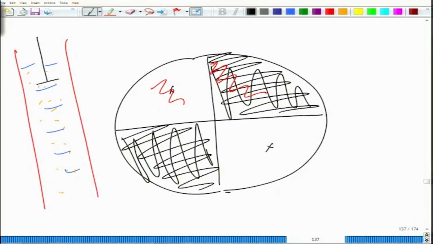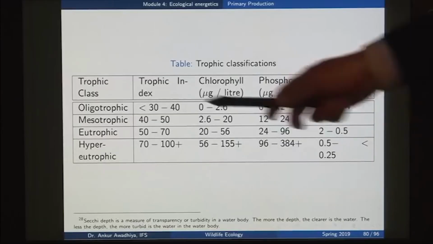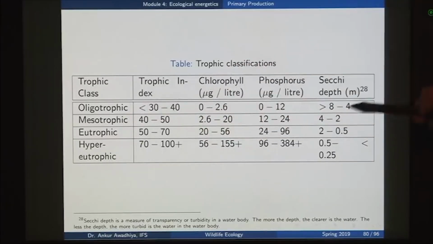So, in this case what we are observing is that in the case of an oligotrophic lake, because this is a clear lake with very low turbidity, Secchi depth is very high, it is greater than 4 meters, and as you move on to hypereutrophic lakes, it becomes as less as 25 centimeters. So, these are the differences between these different lakes.